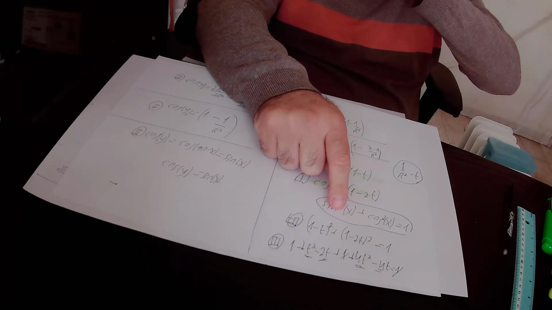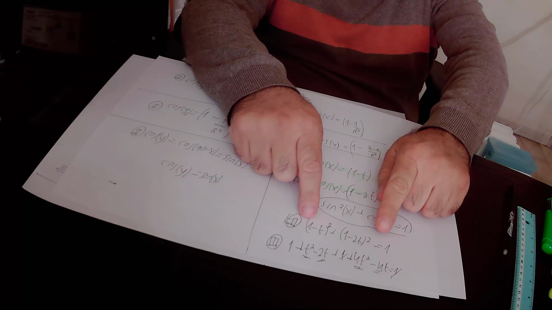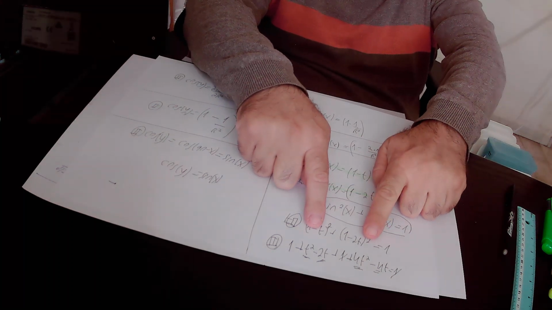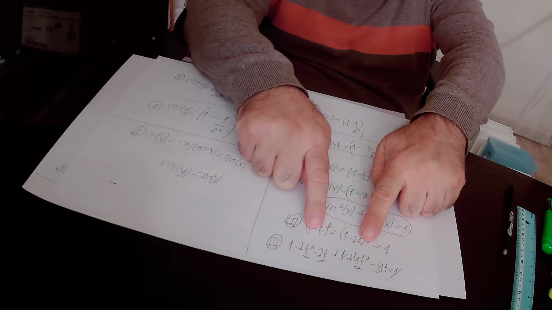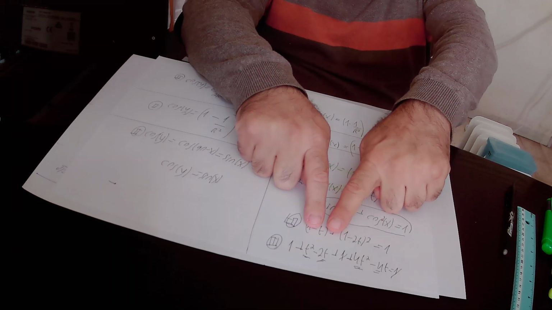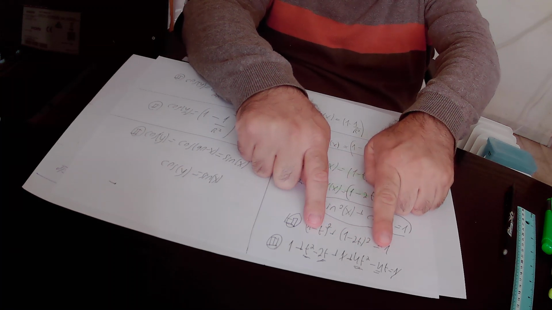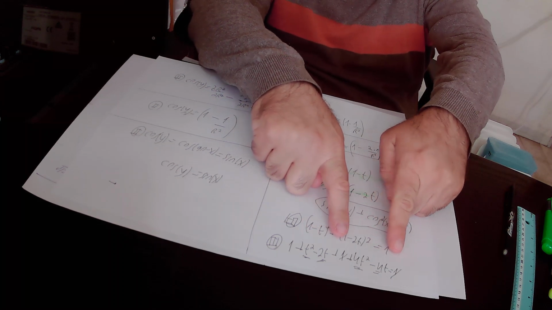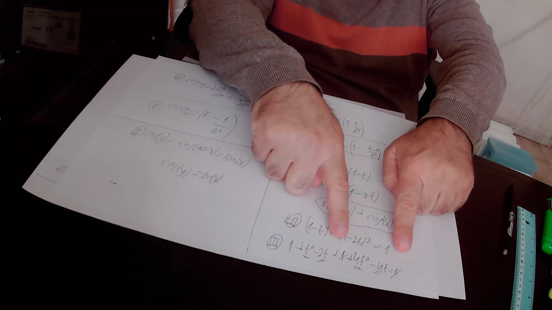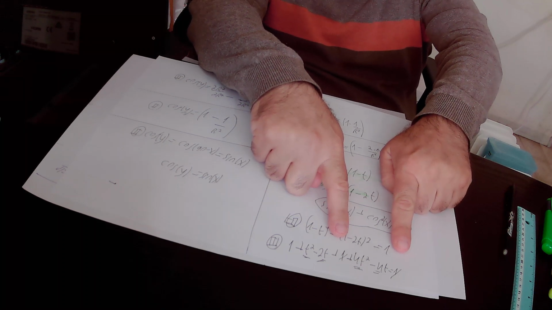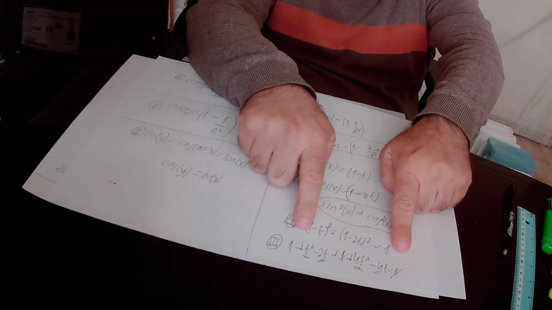So here we have t squared plus 4t squared is 5t squared, minus 2t minus 4t is minus 6t, and here we have 1 that is on both sides of the equation, so 1 will get cancelled, and we are left with only 1 here.